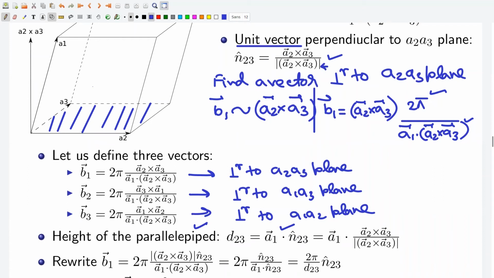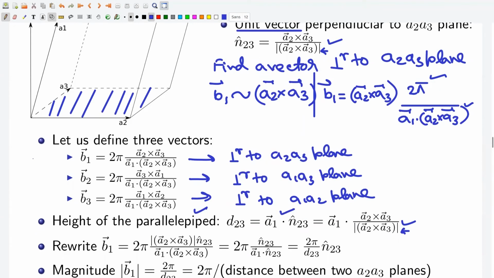In place of n hat 23, we place A2 cross A3 divided by its magnitude. We rewrite B1.